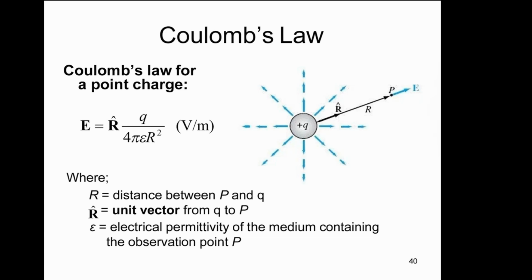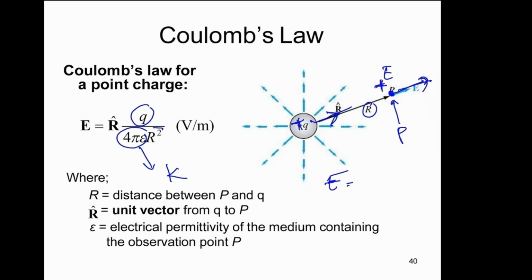That is Coulomb's law at the point P. The distance between P and Q is R. K is the constant. E at P has direction along R, the direction of vector R. In this case, we use positive and also positive, so positive and positive will be repelled.